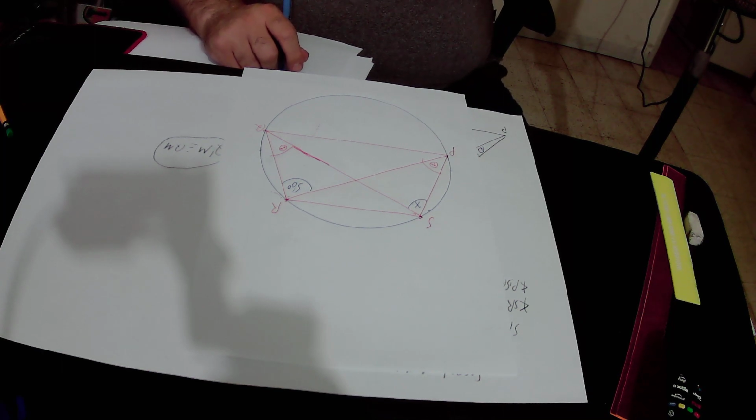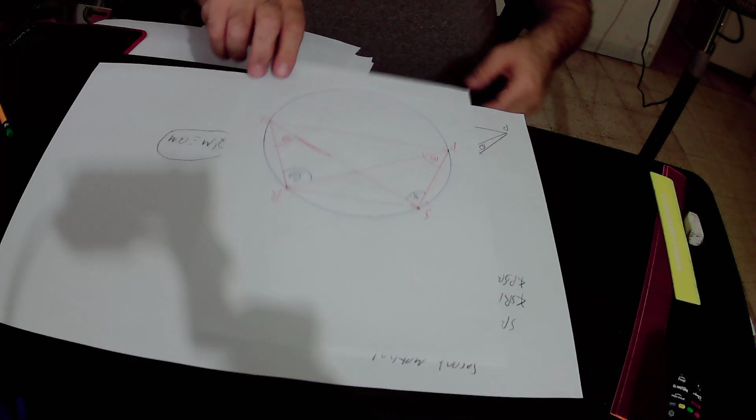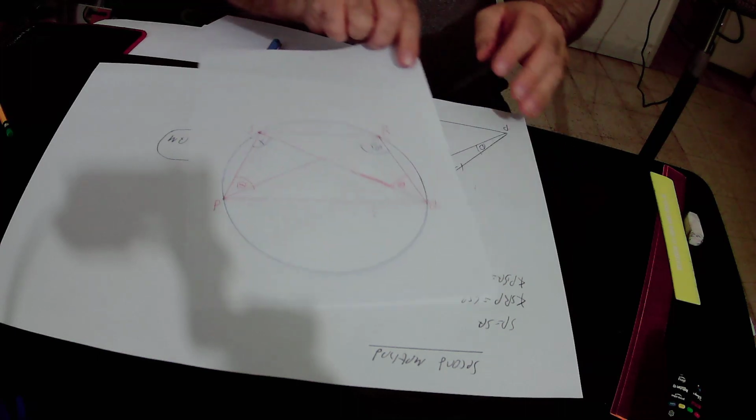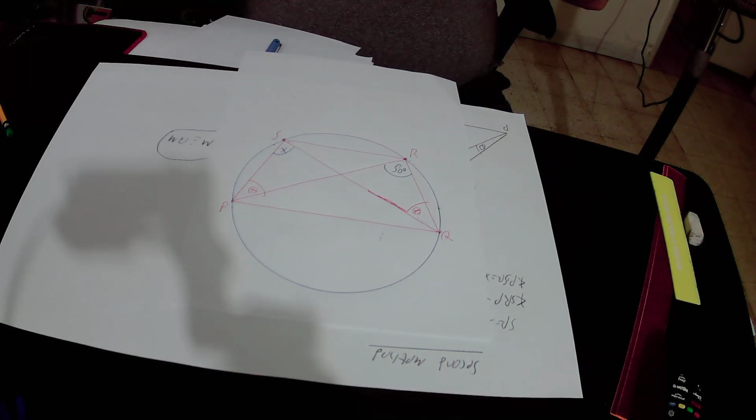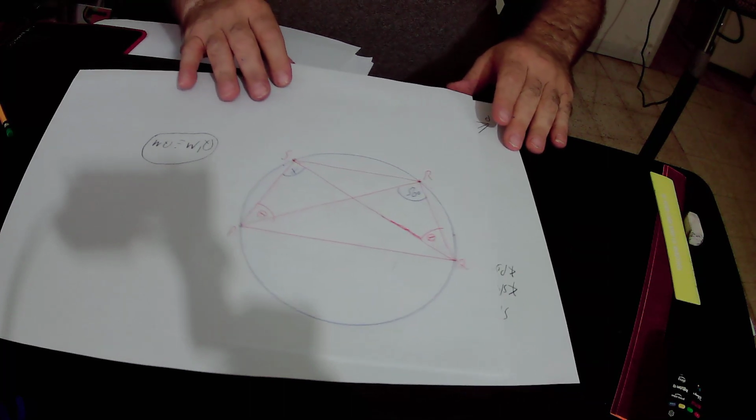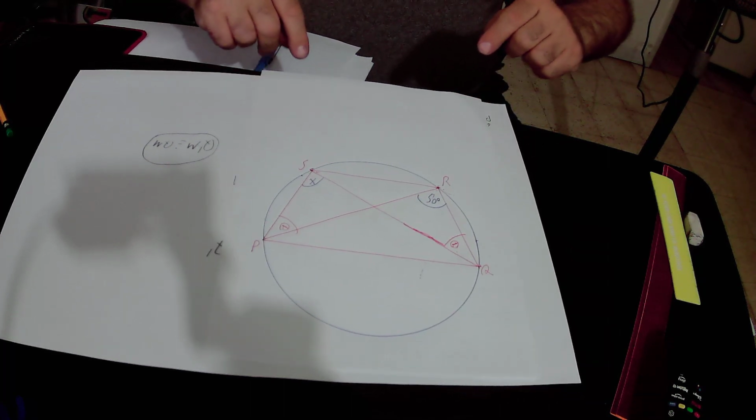Rule number 2 states that peripheral angles that subtend on the same chord are equal to each other.